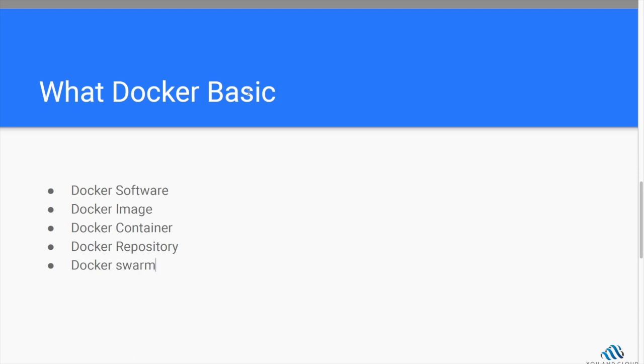Docker Swarm is one more component, and it comes into the picture when you need more than one instance of Docker runtime as a cluster. That means you want more than one Docker runtime instance, and you want to include all those instances in one single cluster to support high availability and failover capability.